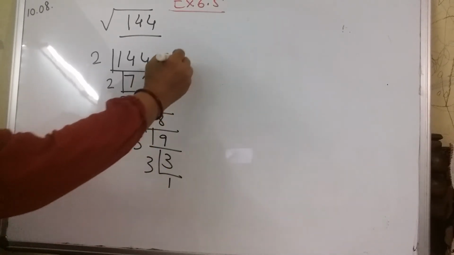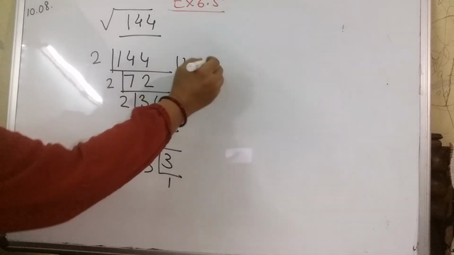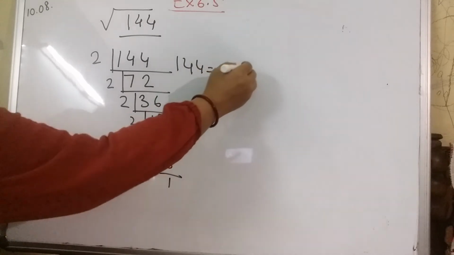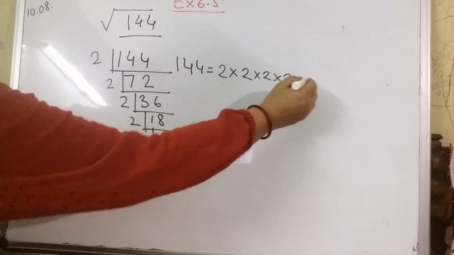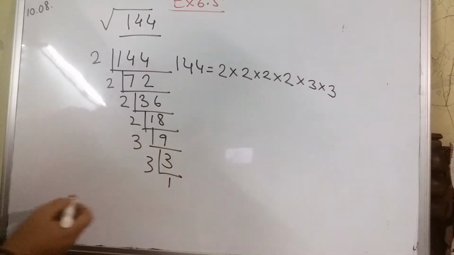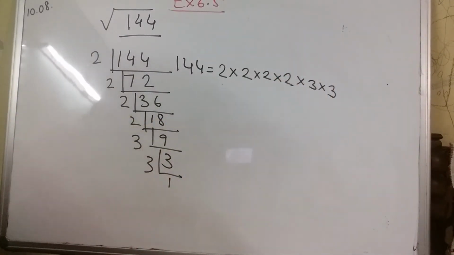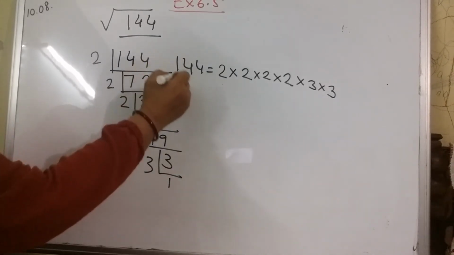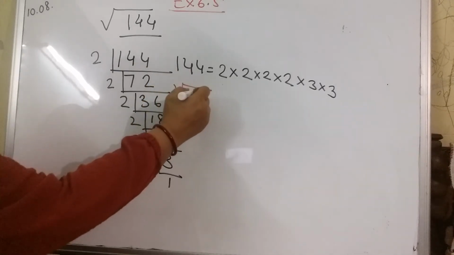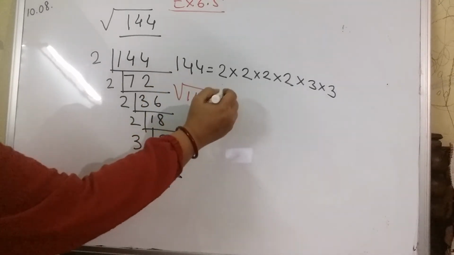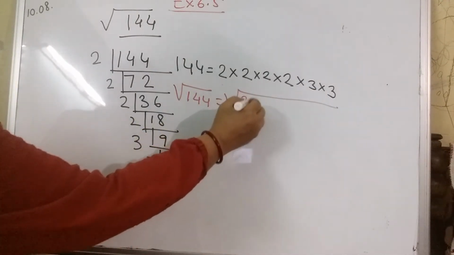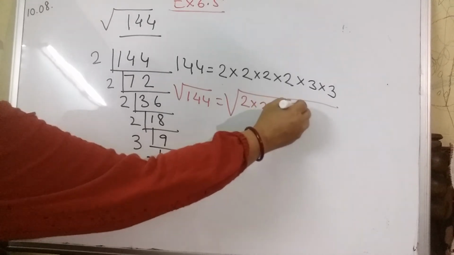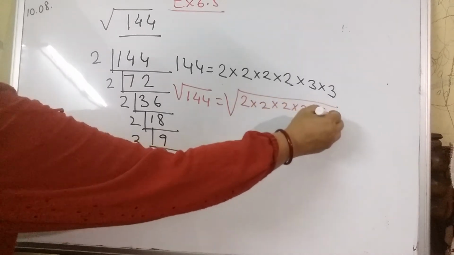Okay, so how can you write the factors? This is 2 into 2 into 2 into 2 into 3 into 3. Next, if I have to find out its square root, so the square root of 144 will be equal to the square root of 2 into 2 into 2 into 2 into 3 into 3.